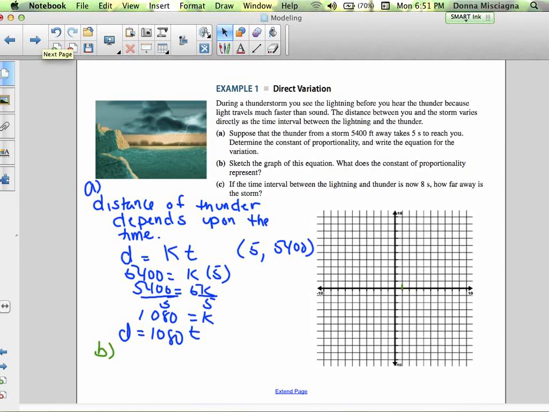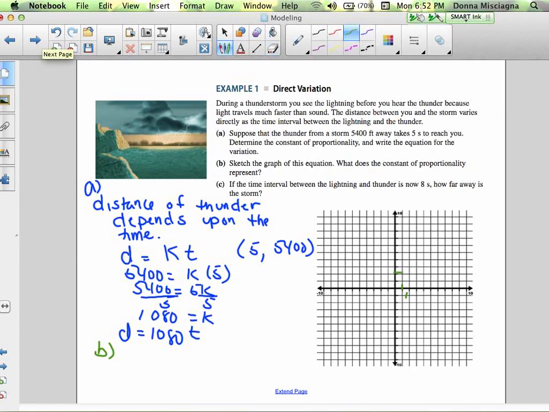And let's make every line equal 500, so every other line would be 1,000. That should fit: 1,000, 2,000, 3,000, 4,000, 5,000. Otherwise it's going to be a really steep line. Let's make every other line.